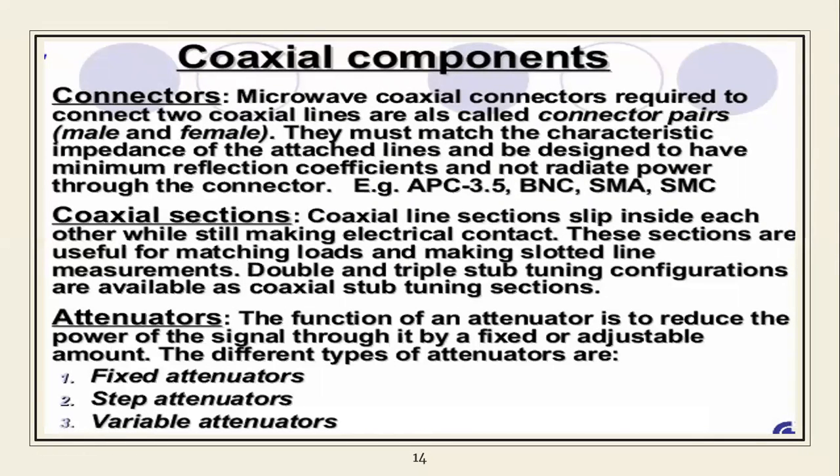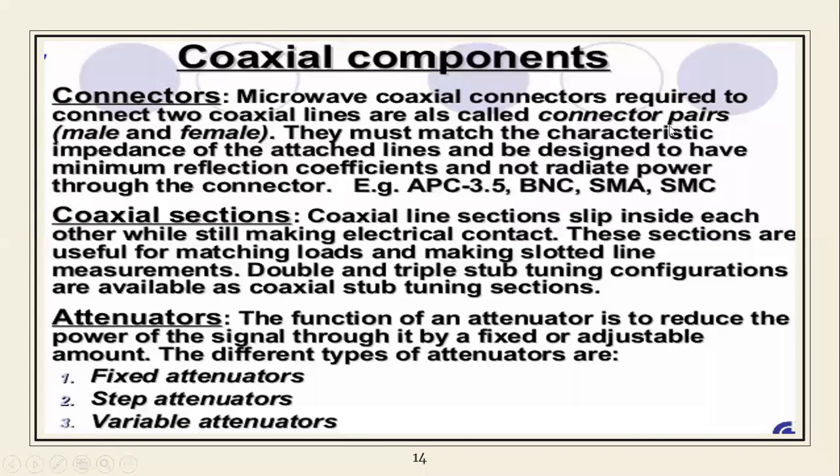So if you are talking about the coaxial components, which terms will come under that? That is nothing but the conductors, the coaxial sections, and the attenuators. All this will come into the picture while you are talking about the coaxial components. Then connectors: in microwave, coaxial connectors are required to connect the coaxial lines.